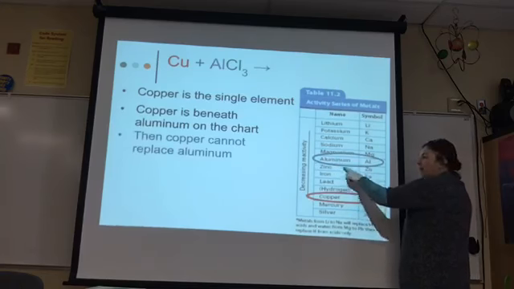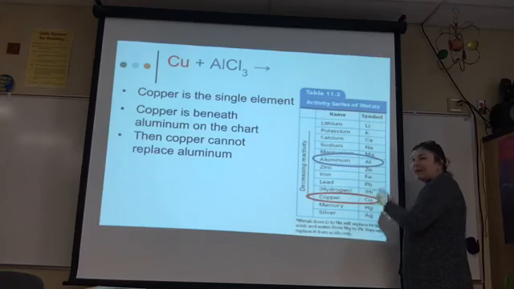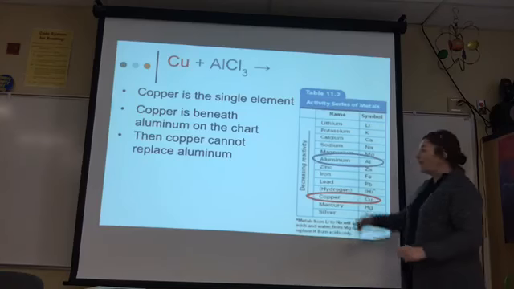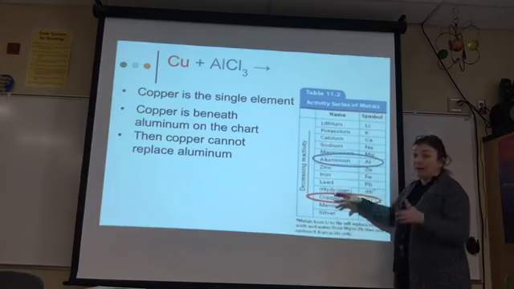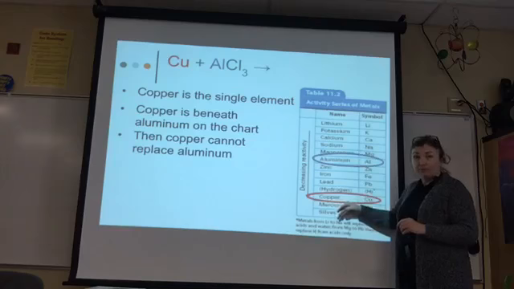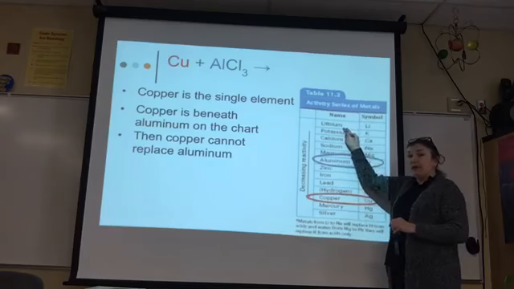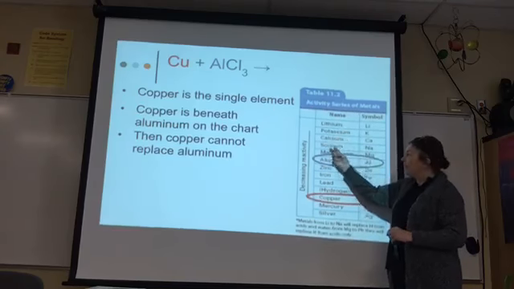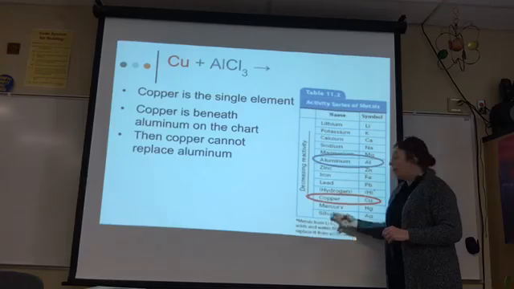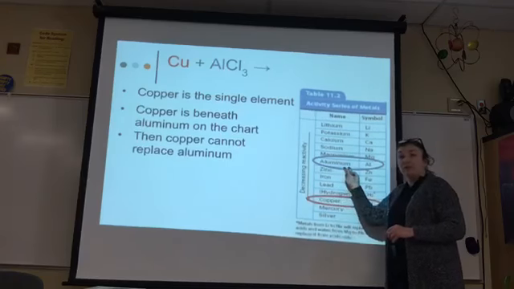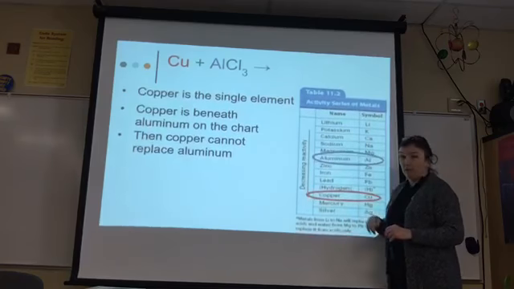Because copper is beneath aluminum, it cannot replace it. This chart tells us how reactive these elements are. Lithium is the most reactive, then potassium, calcium, sodium, on down to silver. Copper is less reactive than aluminum. Therefore, it can't push out aluminum.